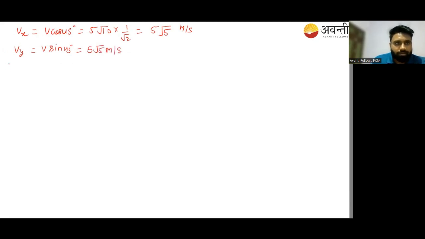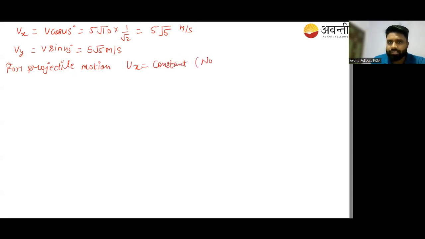Now for projectile motion, ux is always constant because there is no acceleration in the x direction.